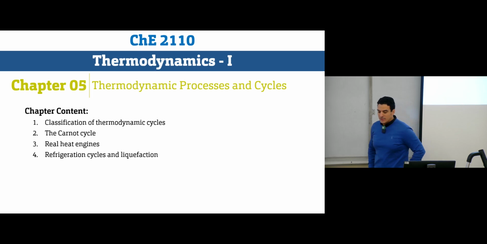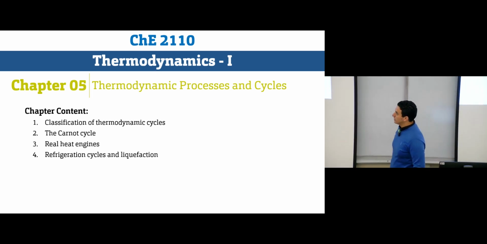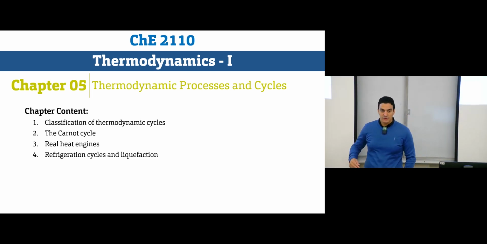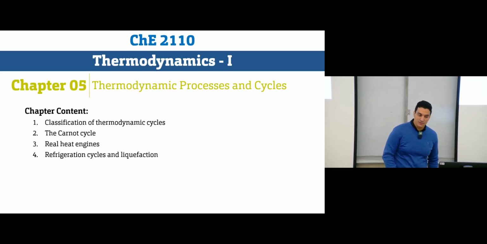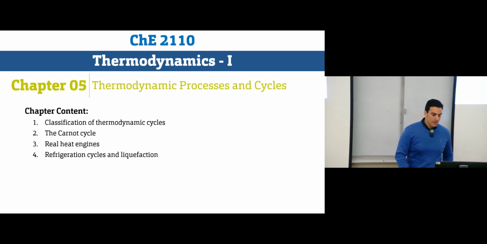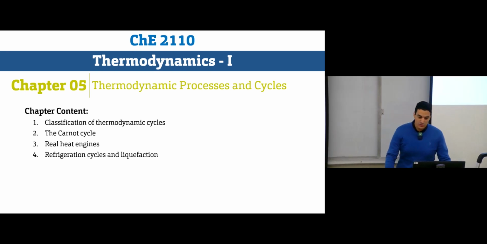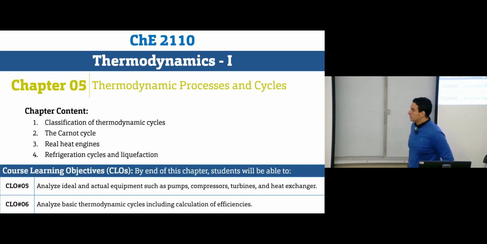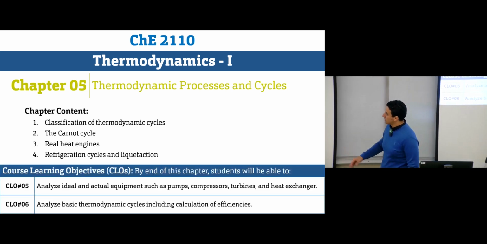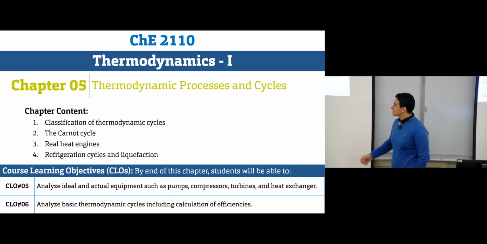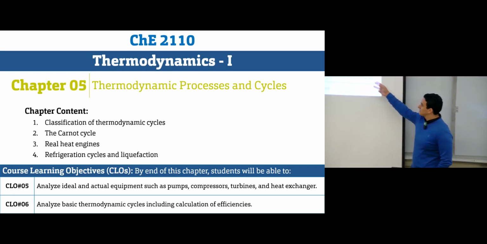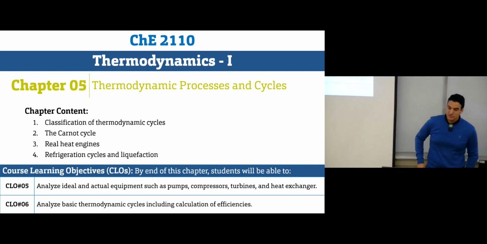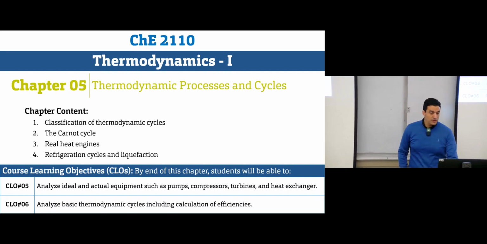For this chapter, we have 4 points we need to cover. We need to understand the classification of thermodynamic cycles. Then we need to start with the ideal cycle, the Carnot cycle. Then we will study real heat engines, real refrigeration cycles, and liquefaction processes. By the end of this chapter, you should be able to analyze single equipment like pumps, compressors, turbines, and heat exchangers, and we already started this objective in the previous chapter.